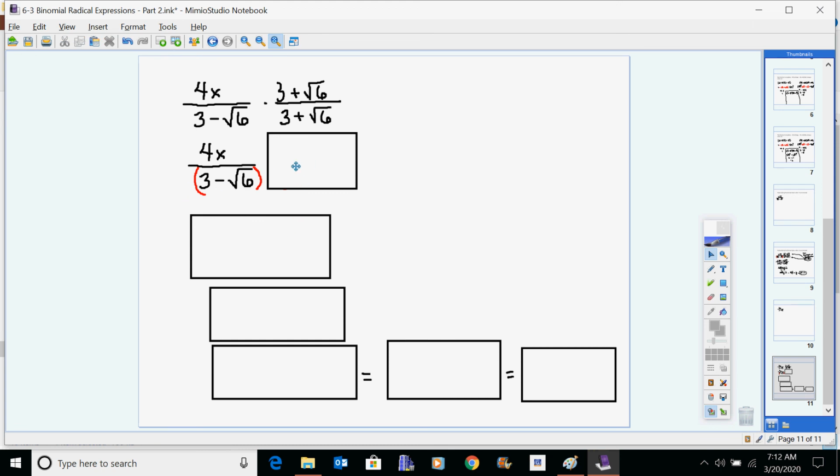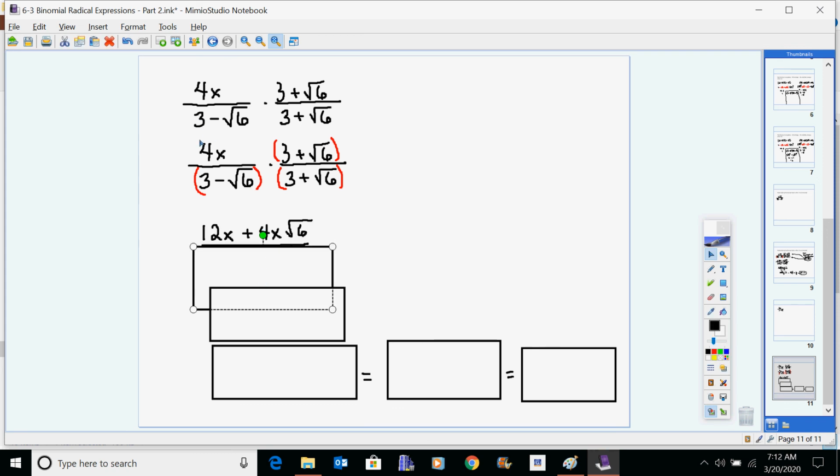I have this in parentheses so that when we multiply, we don't forget to distribute this numerator. We don't forget that we're really multiplying 3 times 3 and negative square root 6 times positive square root 6. So distributing here, you get 12x plus 4x square root 6, and 9 minus square root 6 squared.